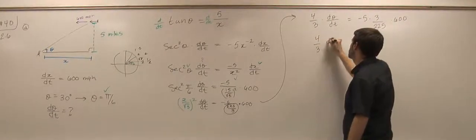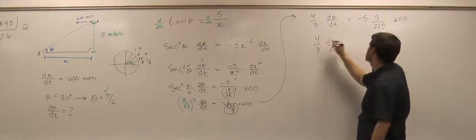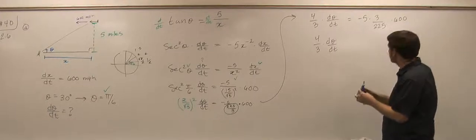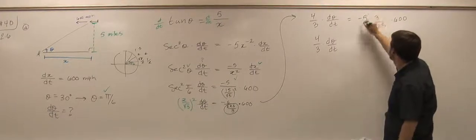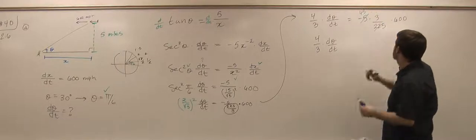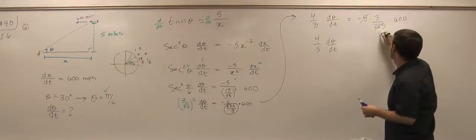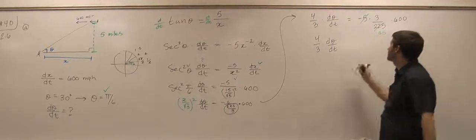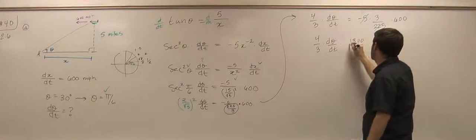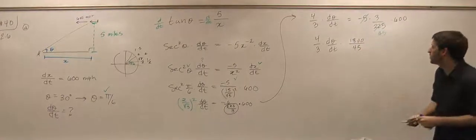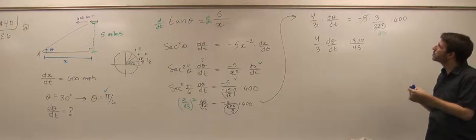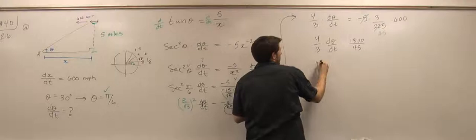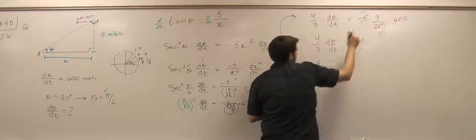And it's just kind of boring stuff. So let's see, 5 probably goes into 225 45 times. Then you have 3 times 600 over 45. So you could do this in a calculator, right?